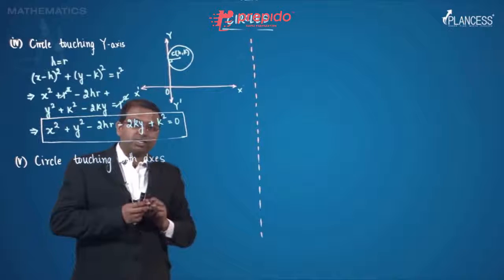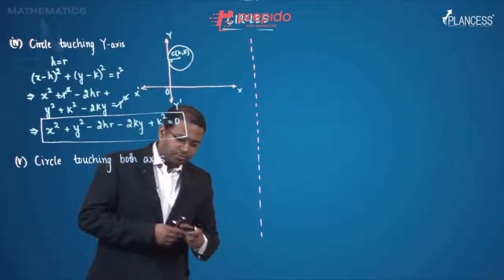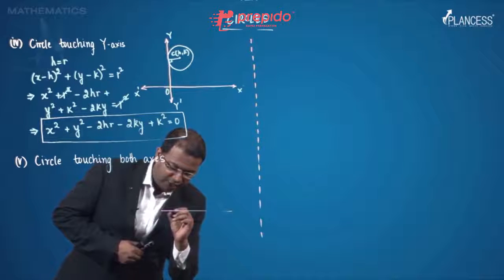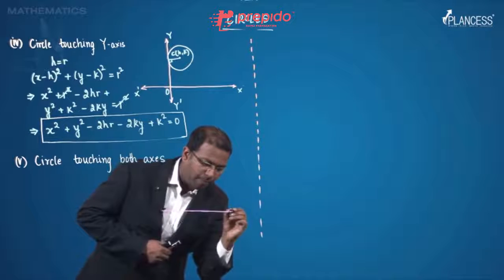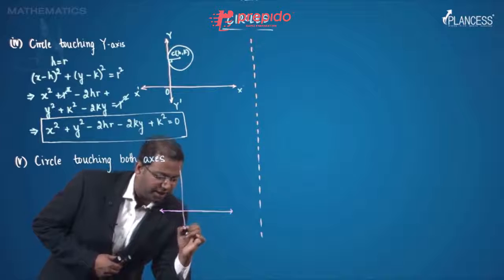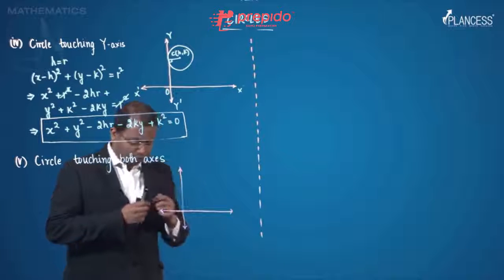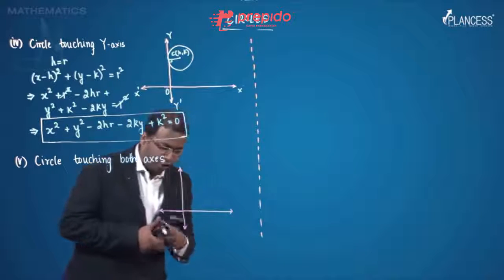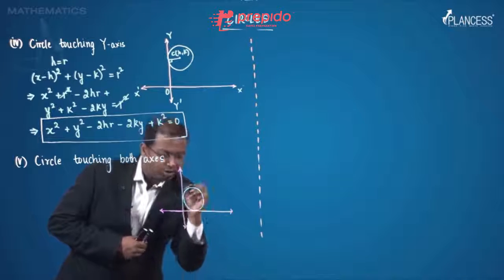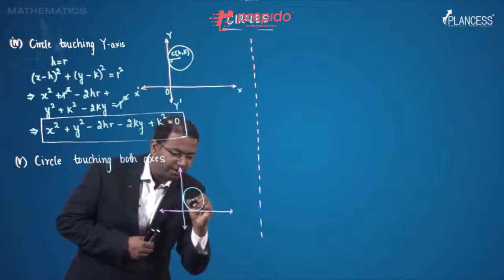So let me just draw the diagram. It will help you to visualize what is actually going on and will help you to have a clearer understanding. So now we have the x and y coordinate, and the circle now is touching both the x-axis and the y-axis.